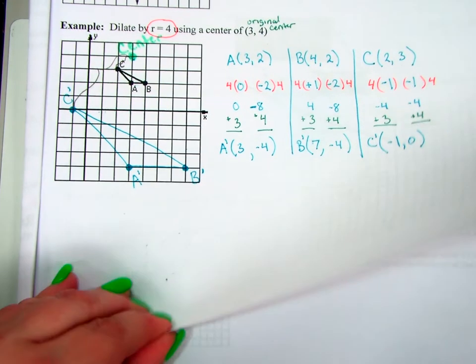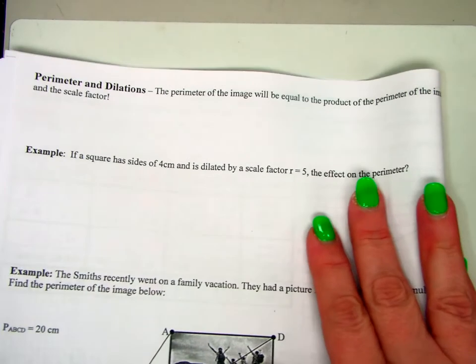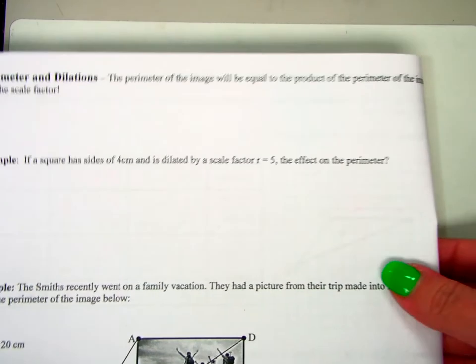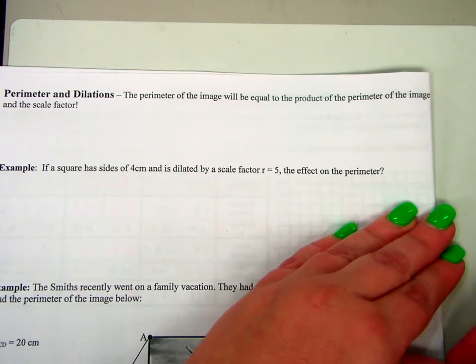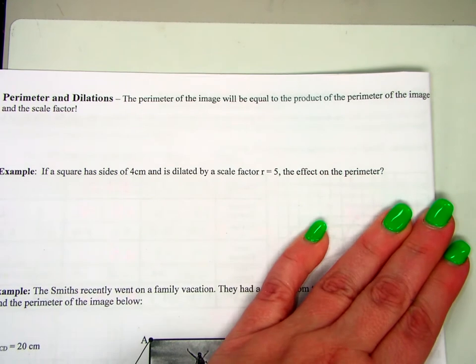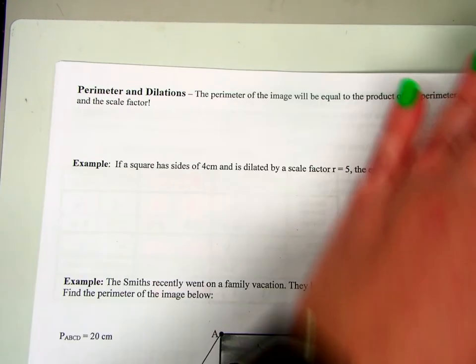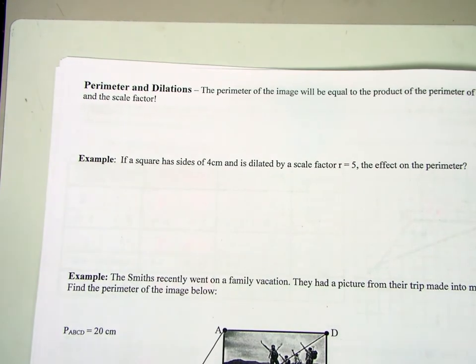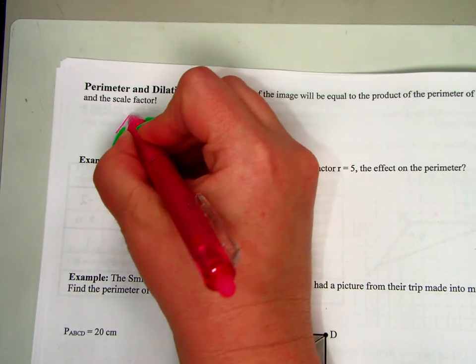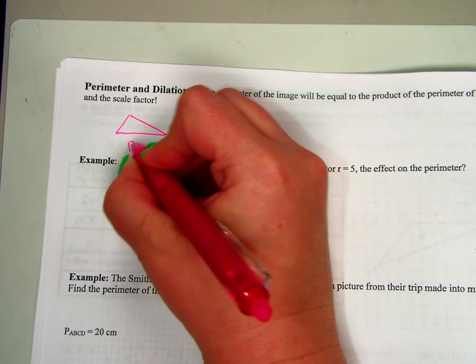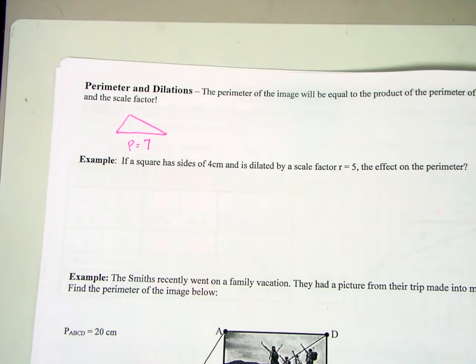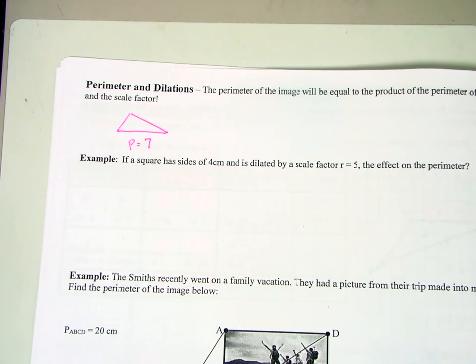All right, just a little bit more. We're almost done. Perimeter and dilations. The perimeter of the image will be equal to the product of the scale factor and the perimeter of the original. So if I have an image, let's say I have a triangle, and I tell you its perimeter is 7.